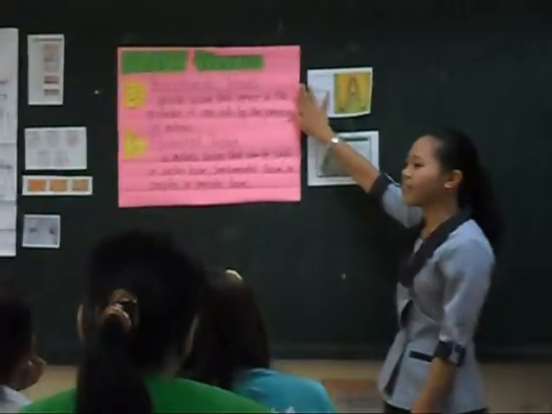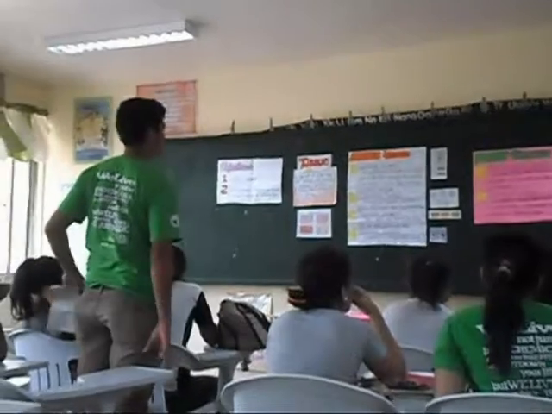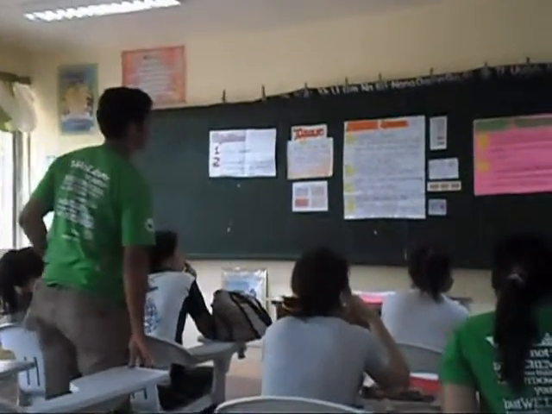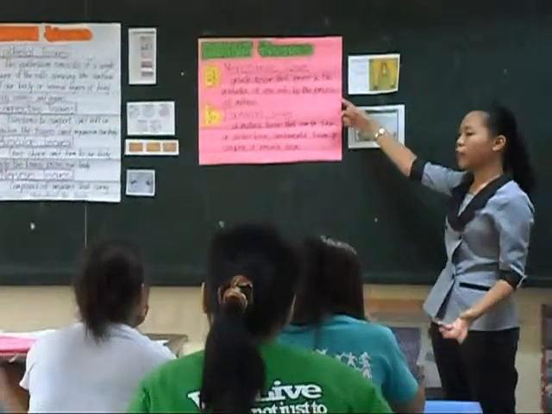Can anyone read this? Mr. Jerome, the first one. Meristematic tissue: growth tissue that serves in the production of new cells by the process of mitosis. Yes, thank you. These tissues are found in the meristems of plants. As you can see, plants grow tall and healthy, and these tissues are responsible for that.